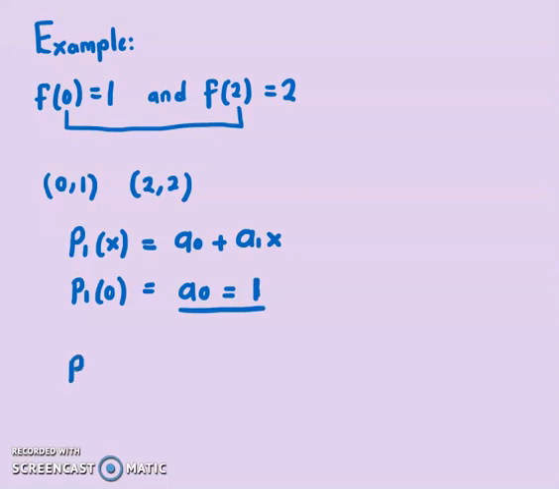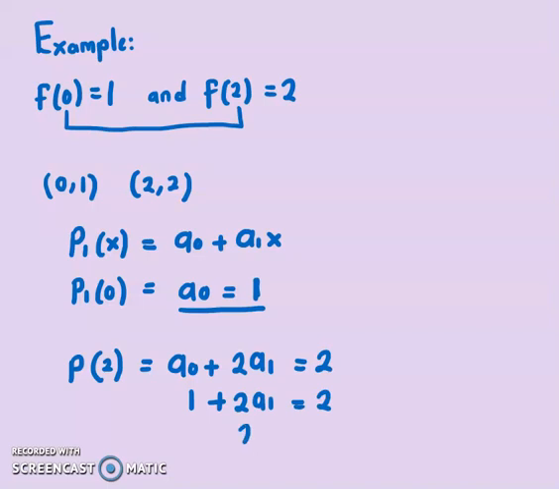Now when x is 2, p1(2) equals a0 plus 2a1, and this equals 2. Since we know a0 is 1, I have 1 plus 2a1 equals 2. So 2a1 equals 1, and a1 is half.